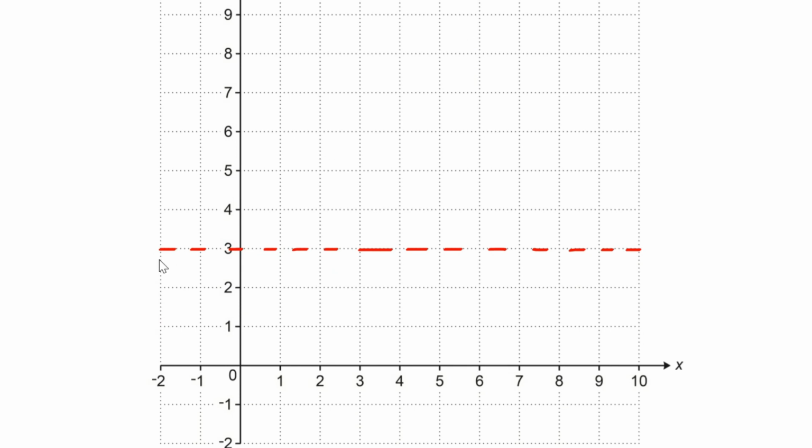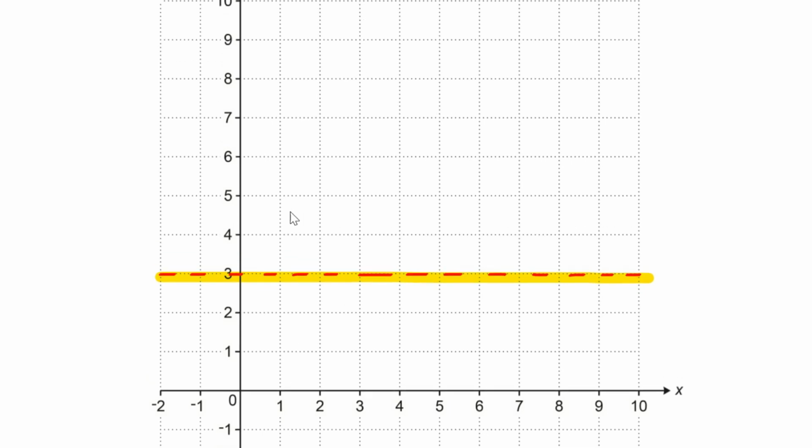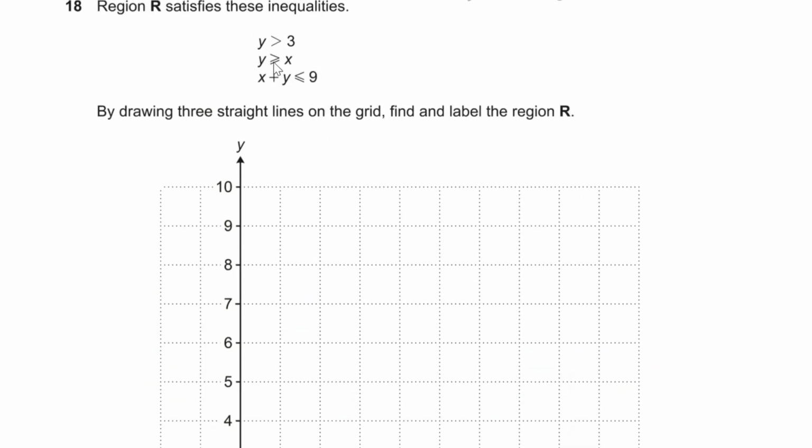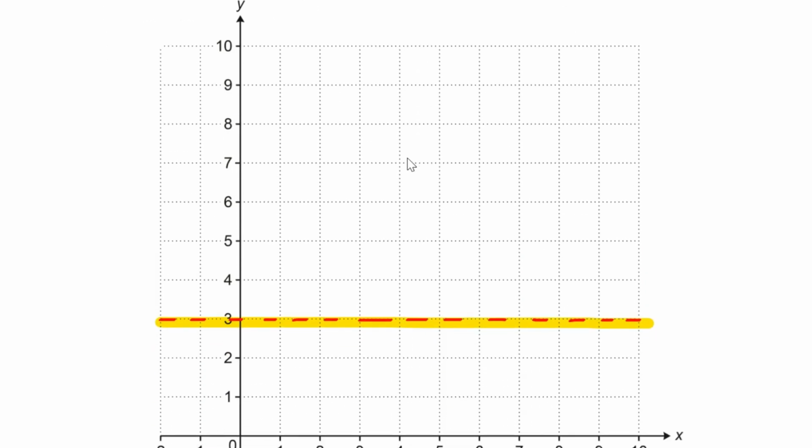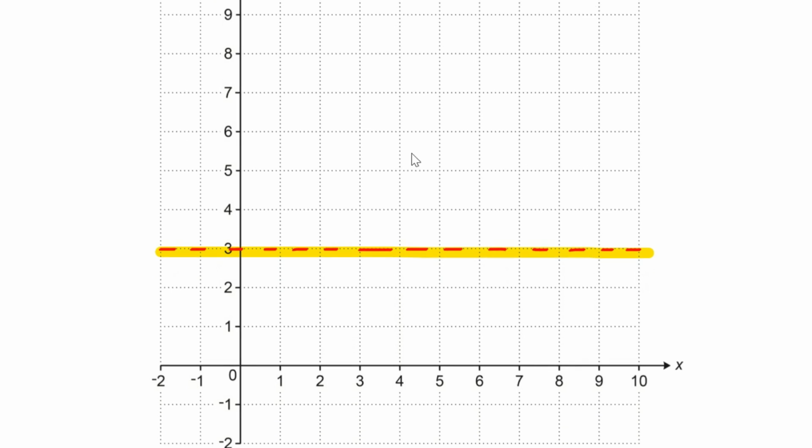So we shade under the line over here. Okay. Next, if we deal with y being greater or equal to x, well, we'd have to use a solid line because we've got a weak inequality symbol. And if we draw the line y equals x, that looks something like this. Let's just draw it on.